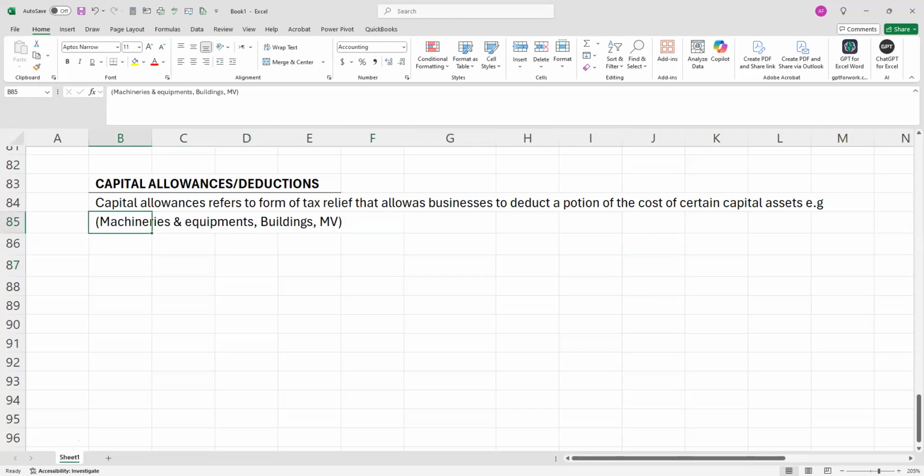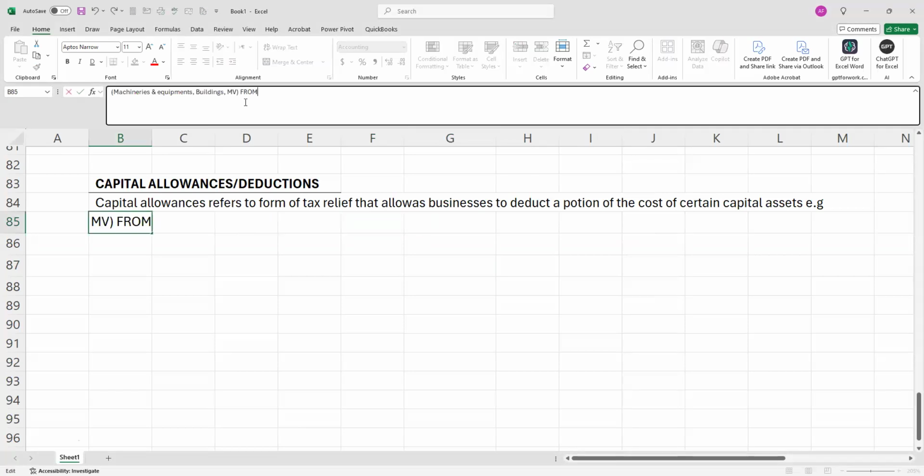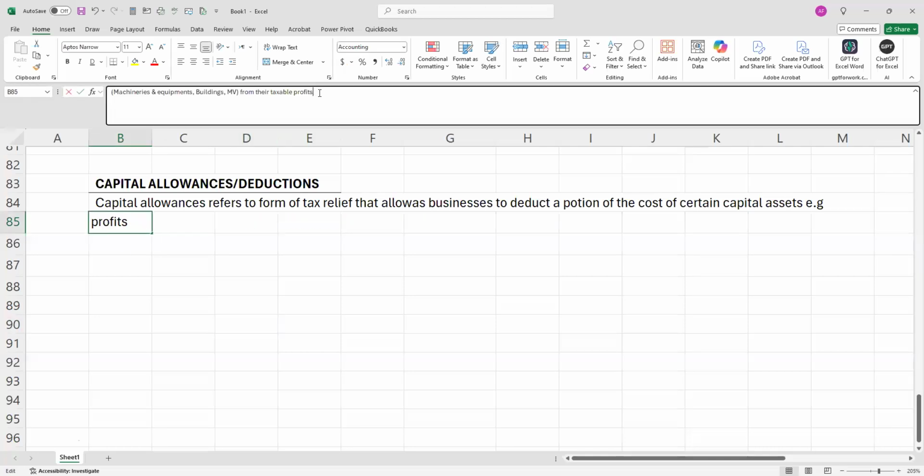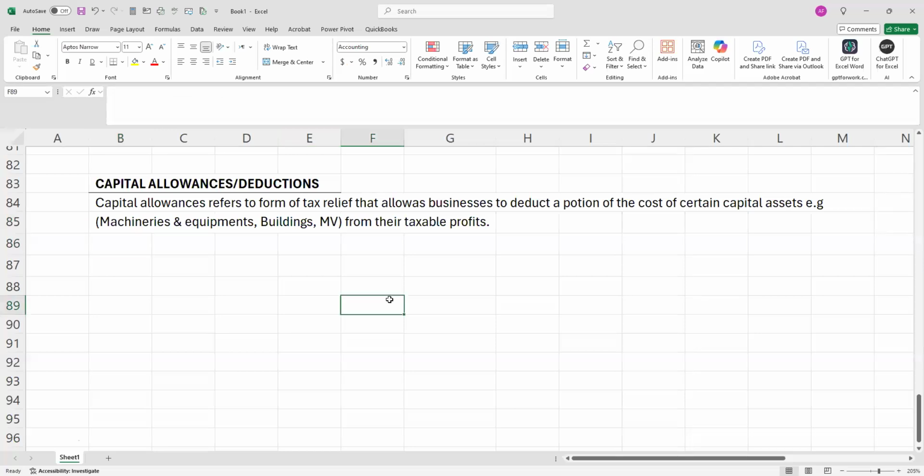From our income, from their taxable profits.